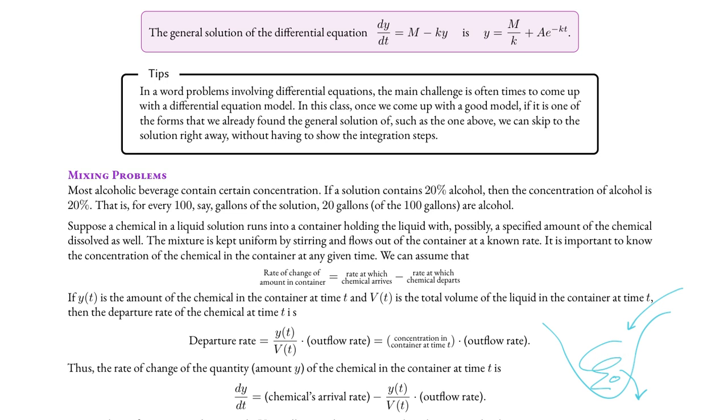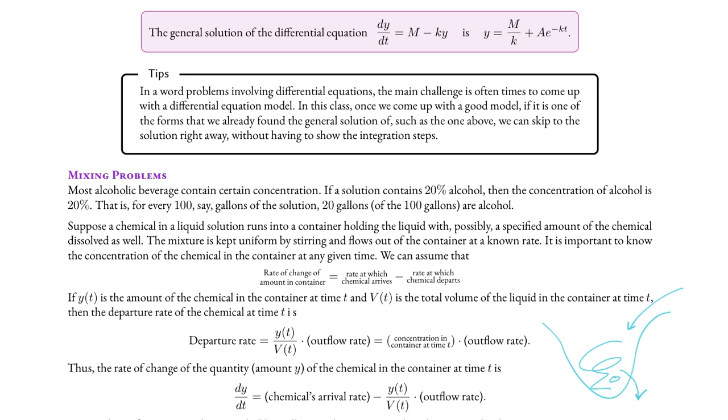Now, the volume is not the same thing as the amount of the chemical. The departure rate is therefore the outflow rate times the concentration of the chemical, the amount over the volume in the container. So it is y of t over v of t times the outflow rate.